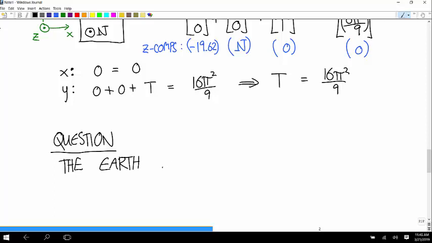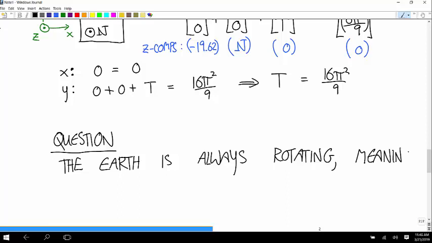Earth is always rotating, meaning points on the surface of the Earth always have centripetal acceleration, right? Because every point on the Earth is moving in circular motion.